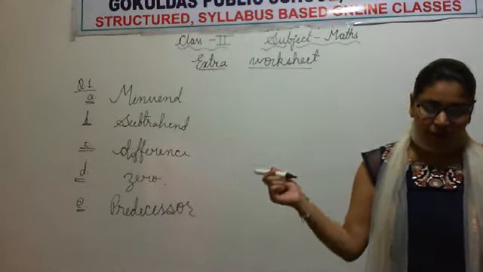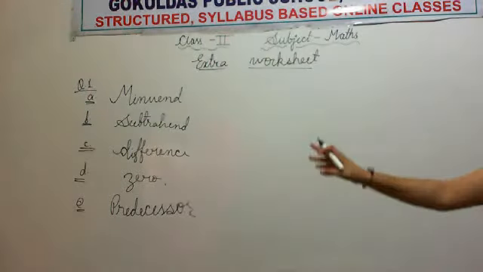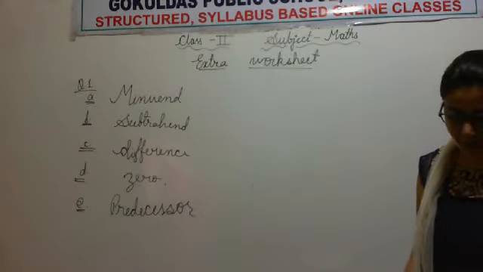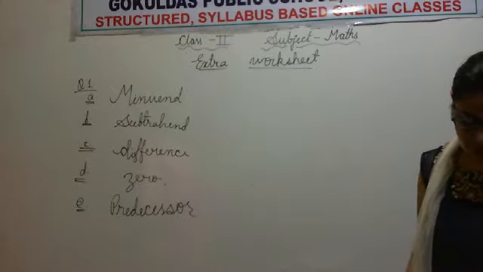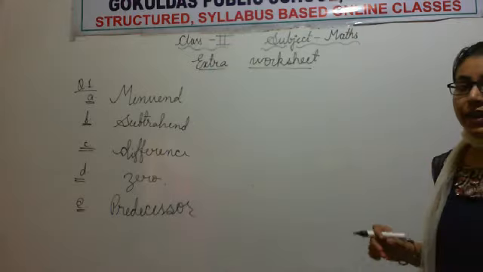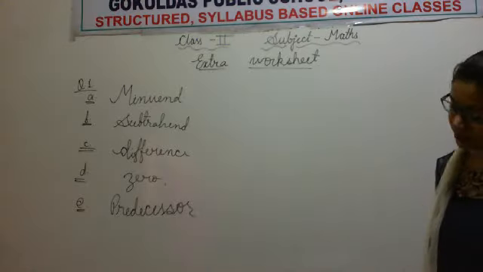A. The bigger number from which the smaller number is subtracted is called minuend. B. The smaller number that is subtracted from the bigger number is called subtrahend. The result obtained on subtraction is called difference. When a number is subtracted from itself, the answer is 0.